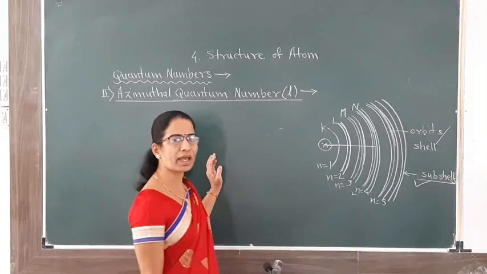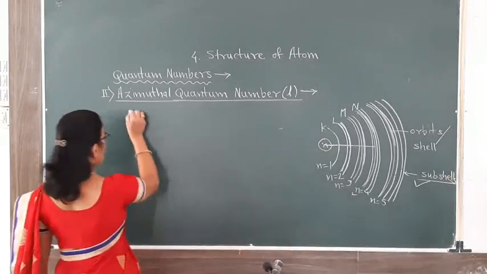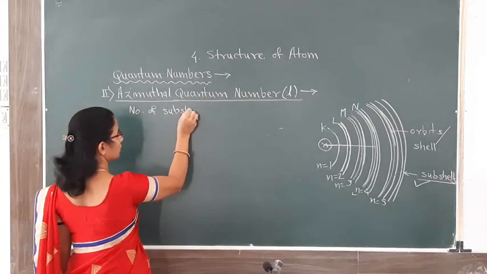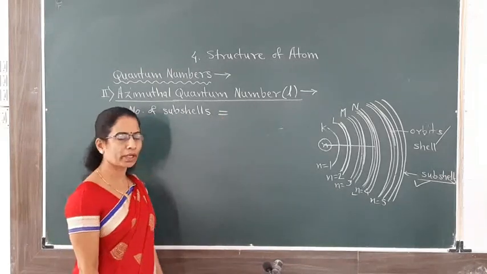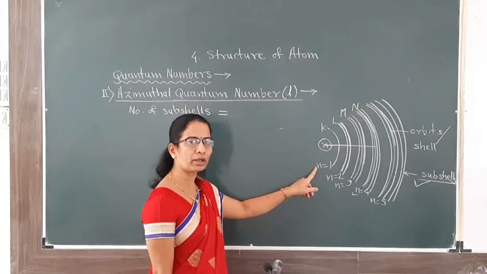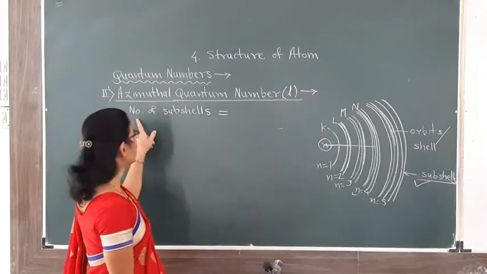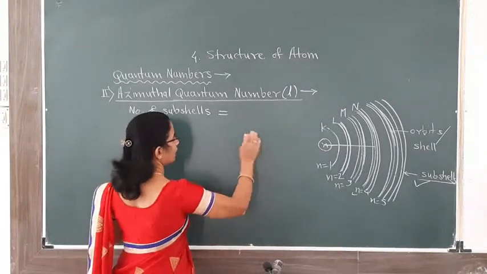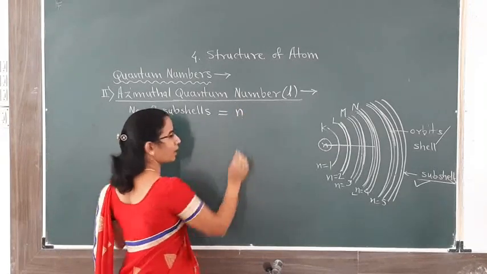Now how many subshells are present in a particular shell? The number of subshells is given with the help of knowing the value of n. If you know the value of n, small n, that is the principal quantum number, then you can easily find the number of subshells. Here the number of subshells in a shell is equal to n.